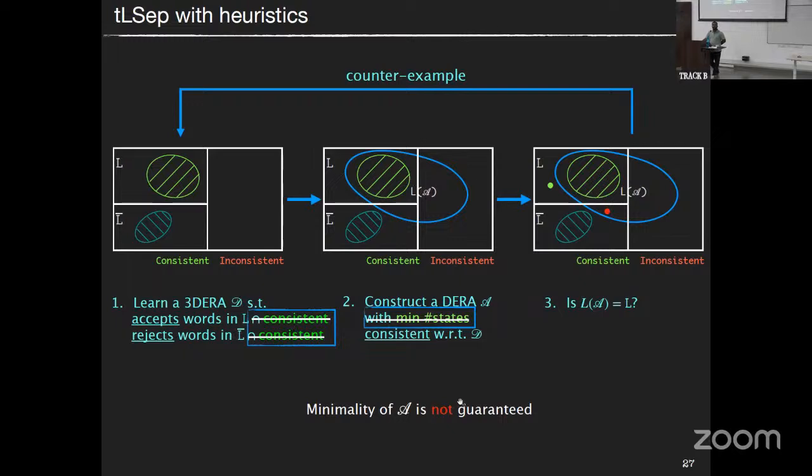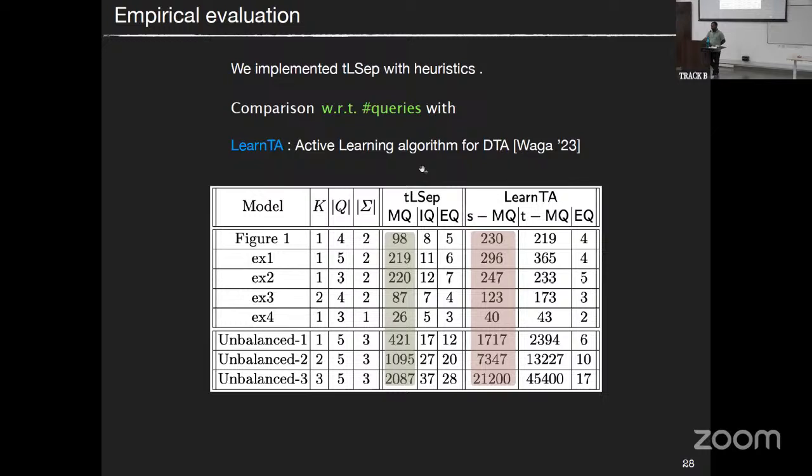But empirically, we see that we learn small automata. There exist some active learning algorithms for deterministic timed automata. This was work in 2023 by Masaki Waga in CAV. We compare with them, where LearnTA is the tool by Waga and TLSAP is ours. We see that in terms of membership queries, we do better.